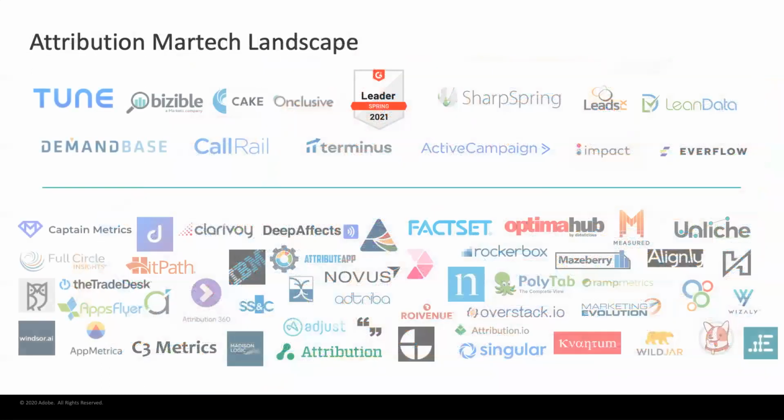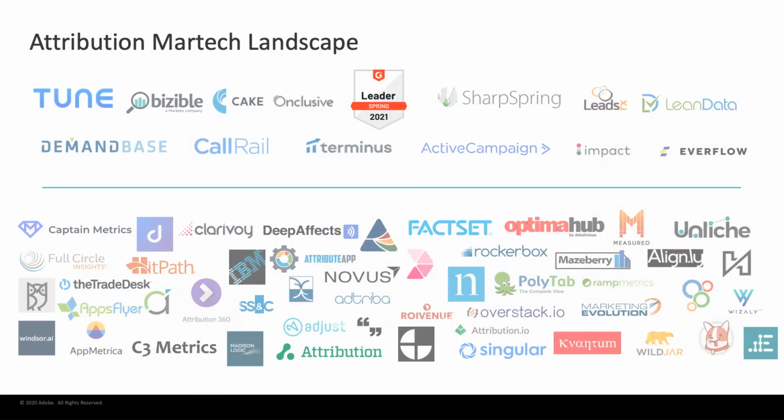Currently, inside of G2, this is the overall landscape for what tools exist that claim to be attribution.